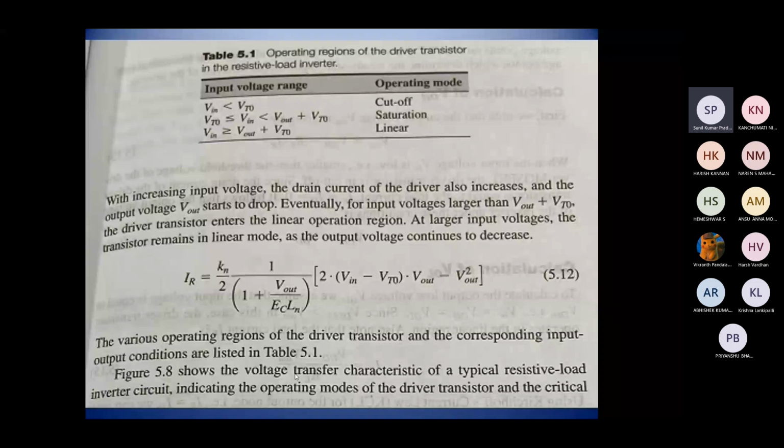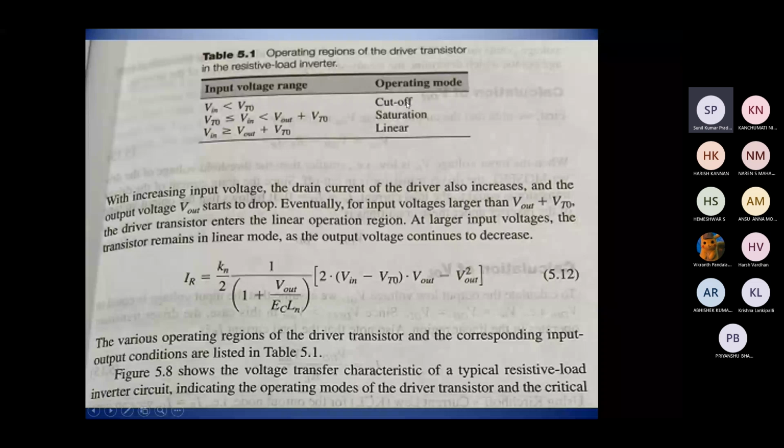Remember this: if the input voltage is less than the threshold voltage, the transistor is operating in the cutoff region. If the input voltage is greater than or equal to the threshold voltage, but less than or equal to the output voltage plus the threshold voltage, it is operating in the saturation region.